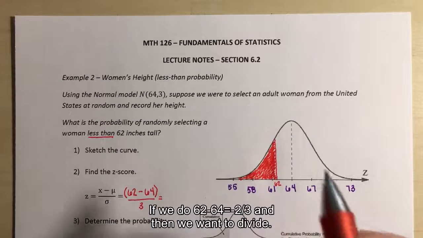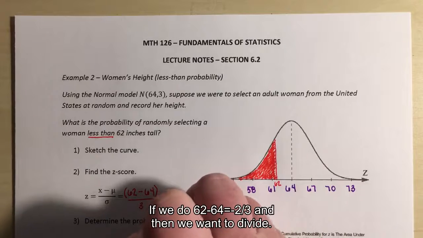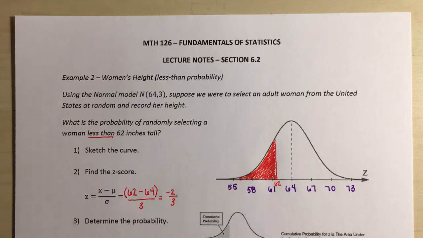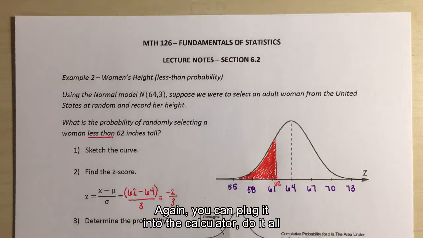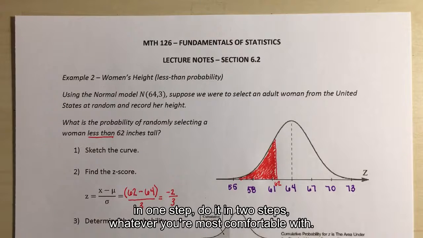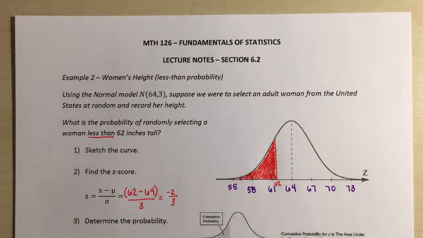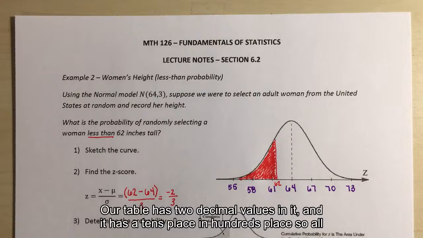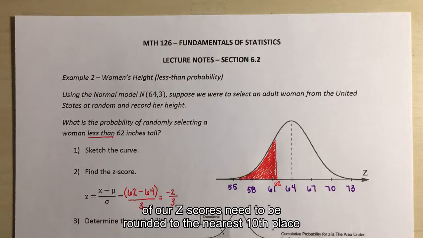If we do 62 minus 64, we get negative 2 over 3. And then we want to divide. Again, you can plug it in the calculator in 1 step or 2 steps, whatever you're most comfortable with. Our table has 2 decimal values, a tenths place and a hundredths place, so all of our z-scores need to be rounded to the nearest hundredth place.